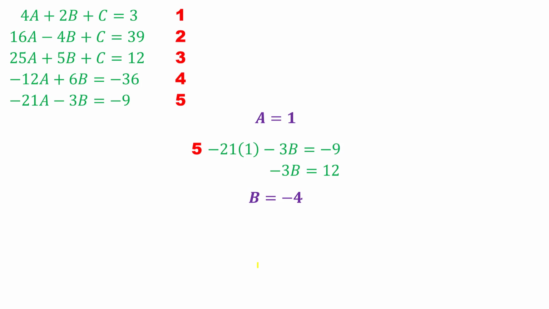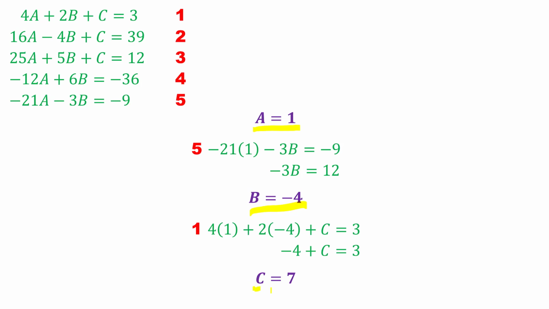So we have a, we have b. We can now use any of our first 3 equations to solve for c. Let's go ahead and just use equation 1. And substituting a = 1 and b = -4, we have 4 times 1 + 2 times -4 + c = 3. We simplify to get -4 + c = 3, or c = 7.